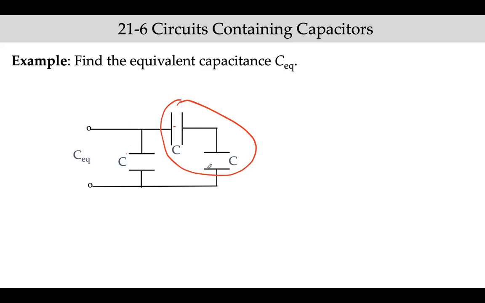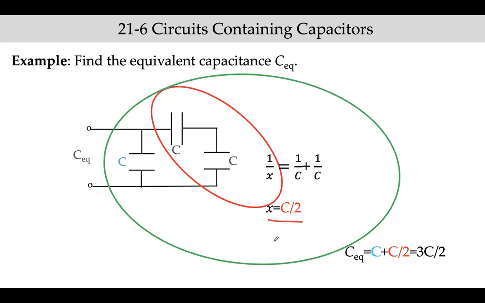They are in series. What do we do when they're in series? We use this formula, C equivalent equals 1 over C plus 1 over C. So this is 2 over C. If you flip it to find C equivalent, it's C divided by 2. So this part is C divided by 2. And now we can combine it with this blue color C. Because what we have here now is this circuit.